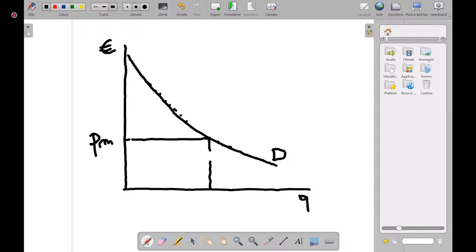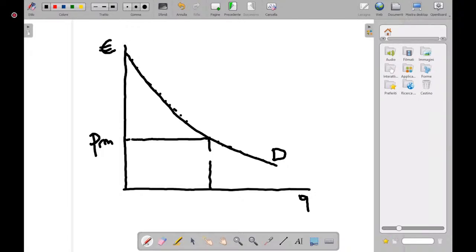Again, if this is the demand curve, and I have individuals with a high willingness to pay, but they buy the good at the market price equal to PM below their willingness to pay, it means that they will receive the good and they will maintain some money in their pocket.